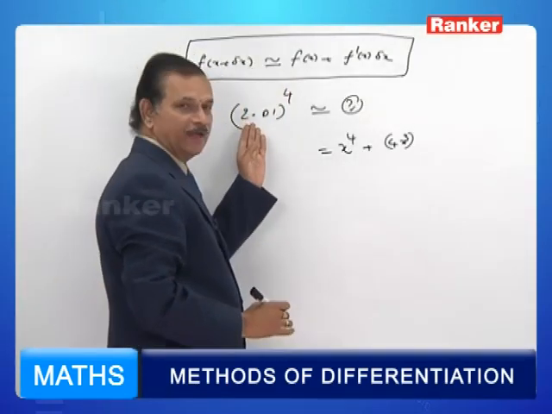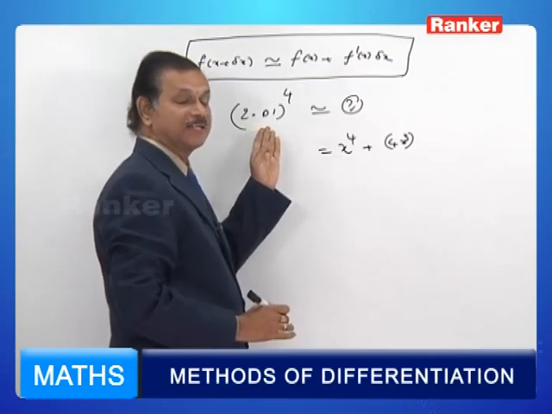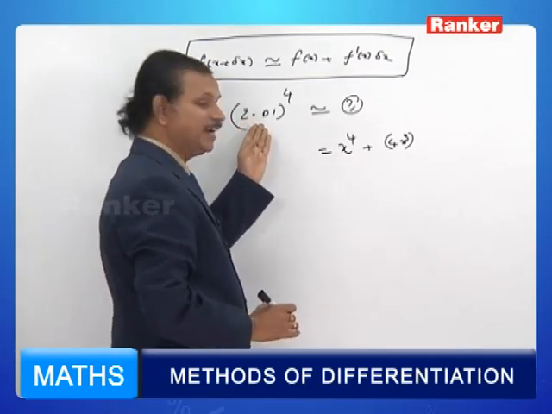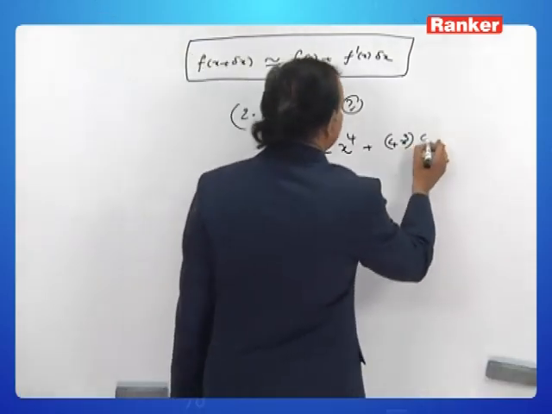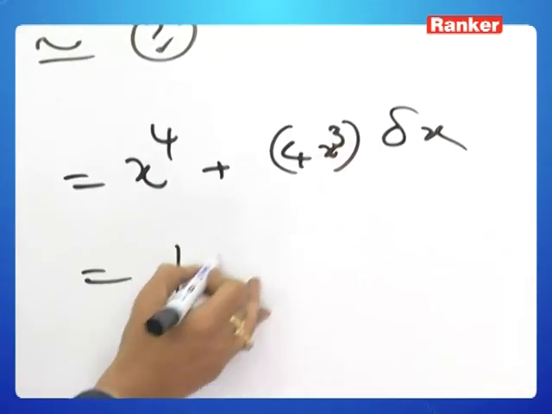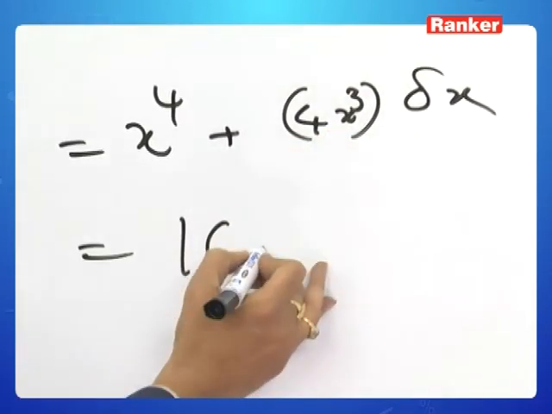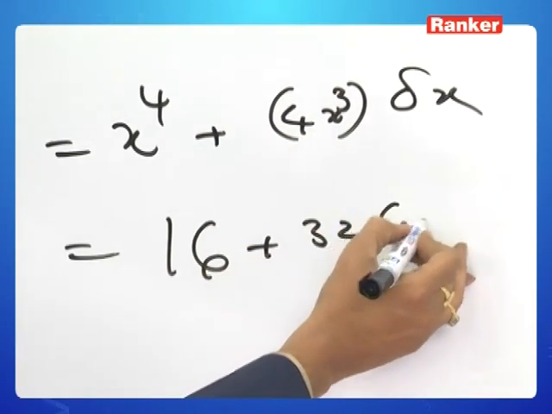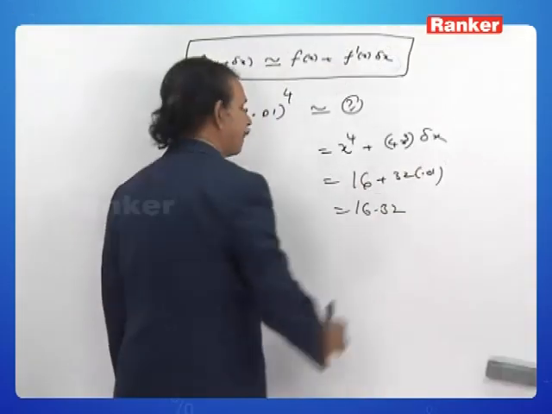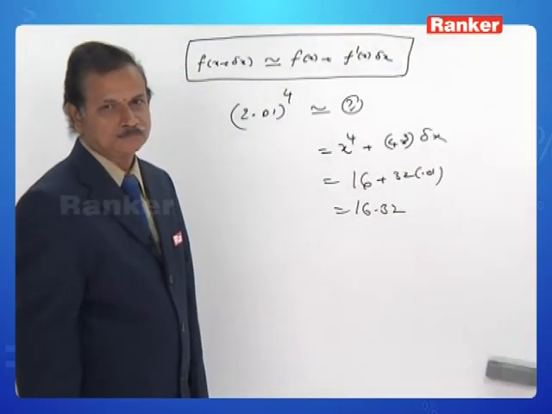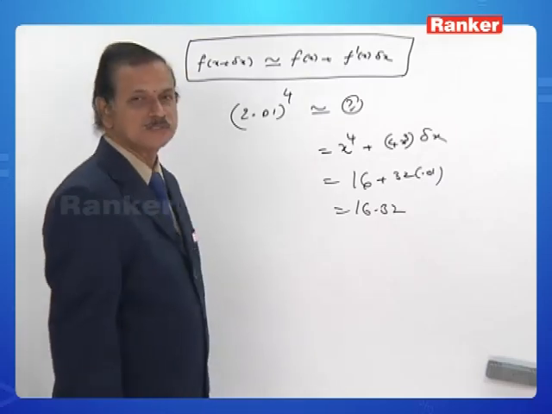If it is 2, we know that, so in the place of x, we replace 2. It is 0.01 more than that, so delta x is 0.01. 2 power 4 is 16. 2 cube is 8, 8 times 4 is 32. 32 into 0.01 is 0.32, so the answer is 16.32. Like that, you will be able to have the answer.